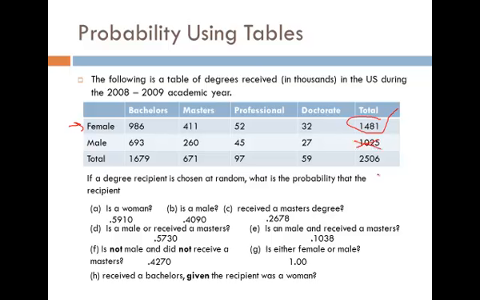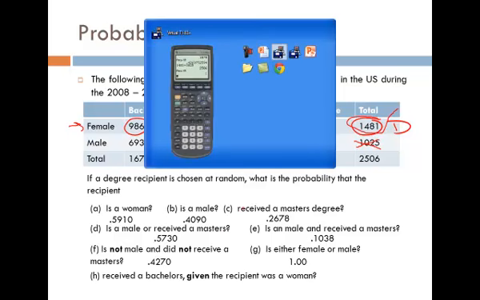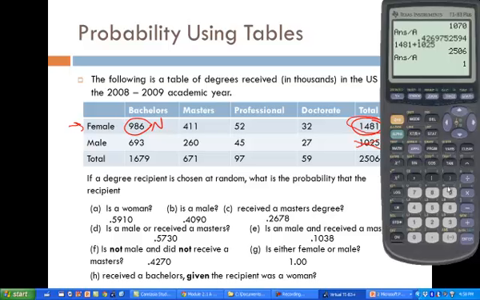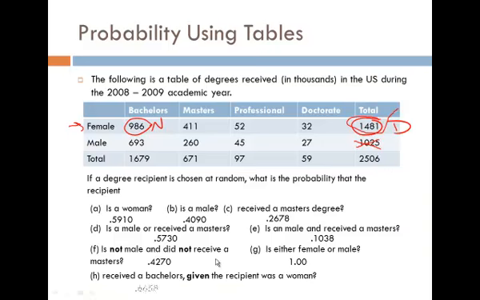Bachelor's degrees were here out of the females, and the total were here, so that's the numerator and that's the denominator. So 986 divided by 1481 is 66.58%.